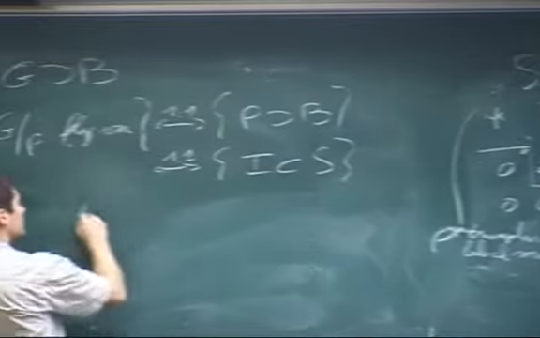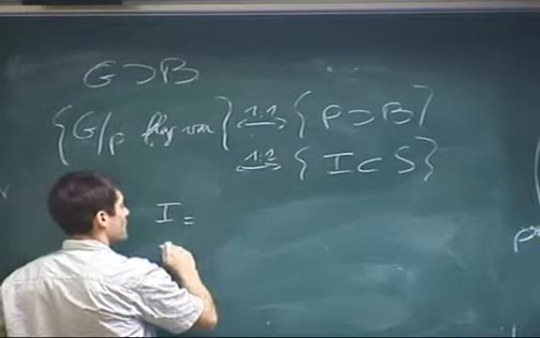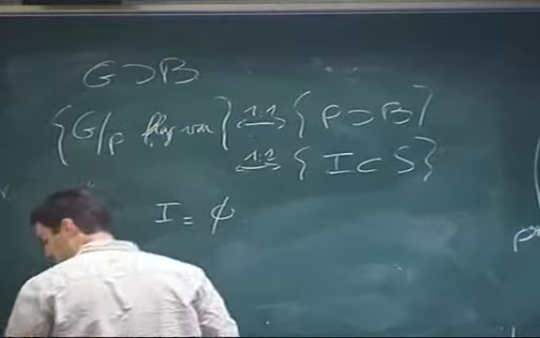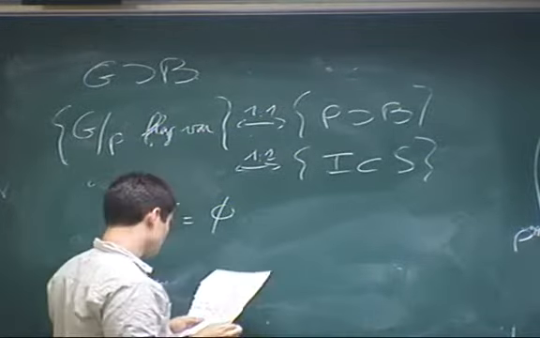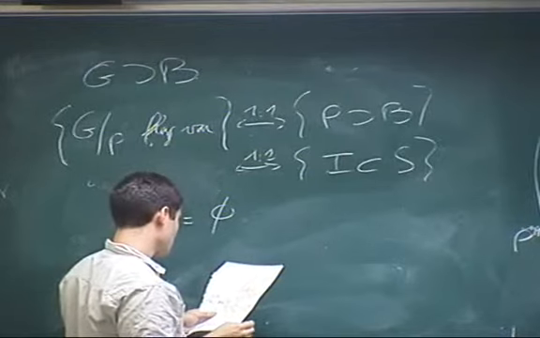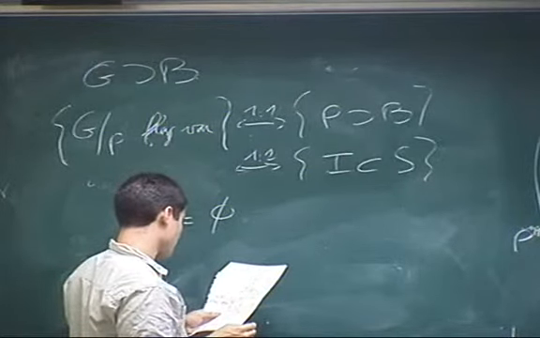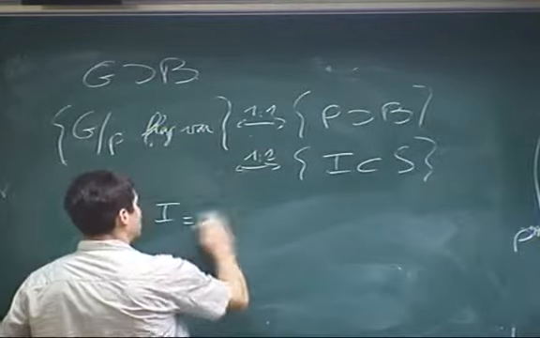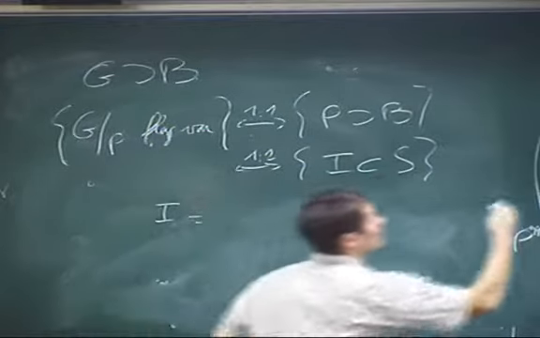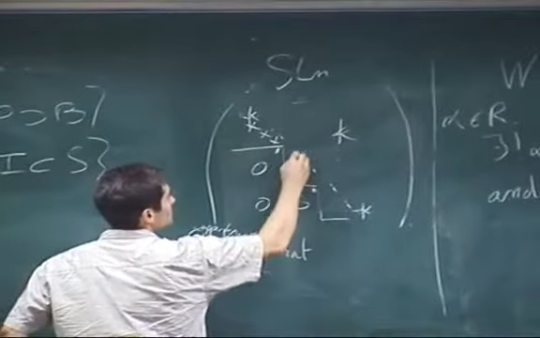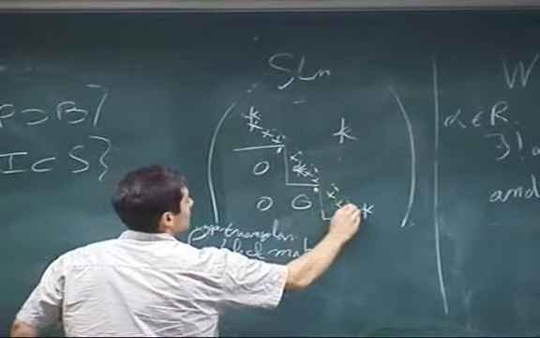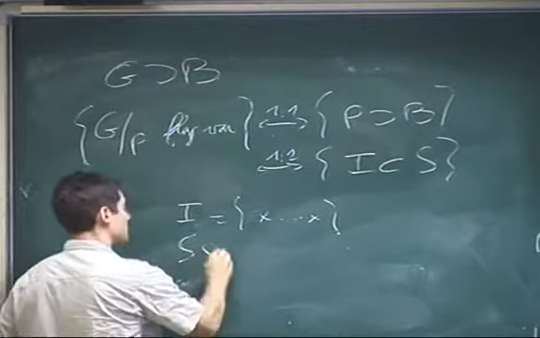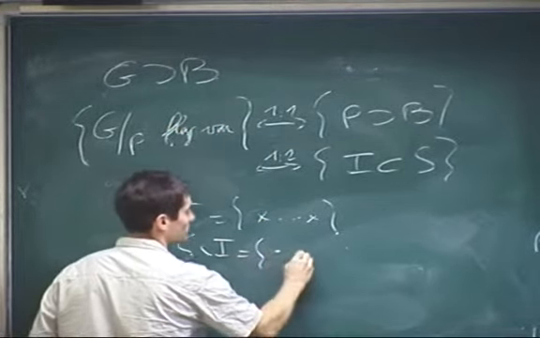So in this example, I take I to be the crosses here. So we have to take a convention: I is the set of crosses, and then S minus I is the set of points.